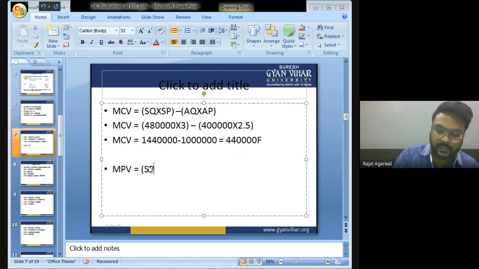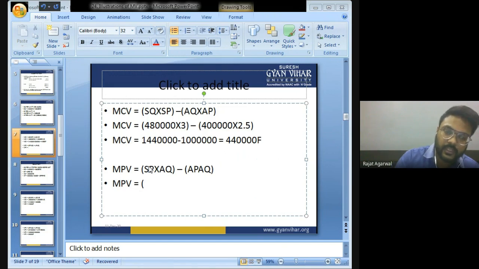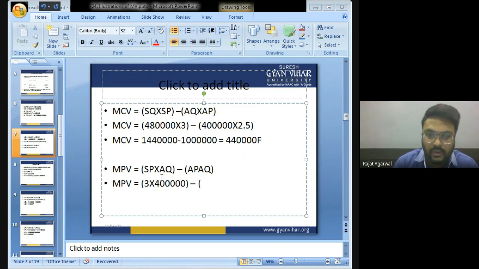Standard price is 3 into actual quantity 4 lakh, minus actual price 2.5 into actual quantity 4 lakh.